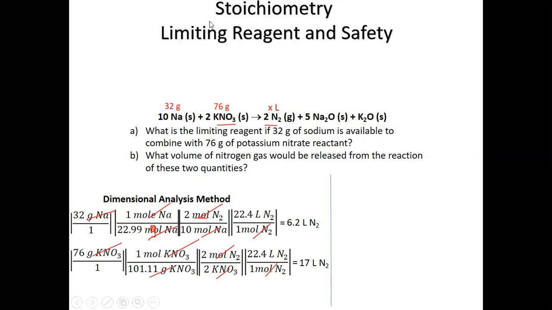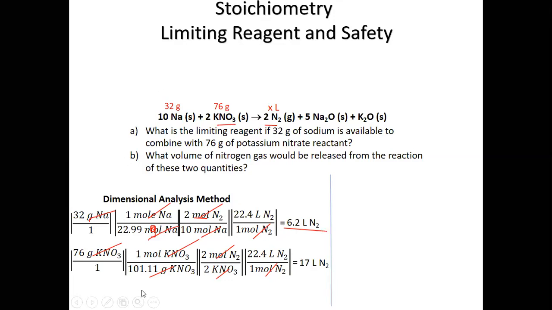Next, we make a choice about which of these chemicals, either the sodium or the potassium nitrate, is the limiting reagent. The simple way to make that choice is the one that produces the lesser quantity of product. In this case, it's going to be nitrogen. That would be our limiting reagent.